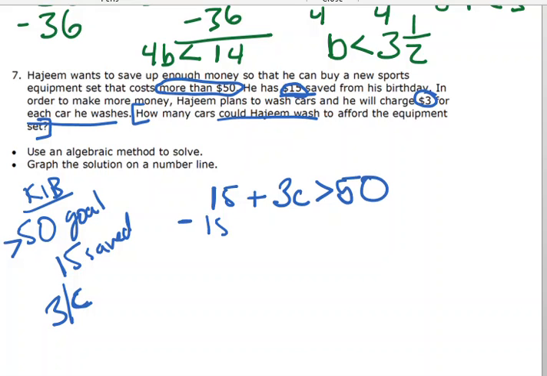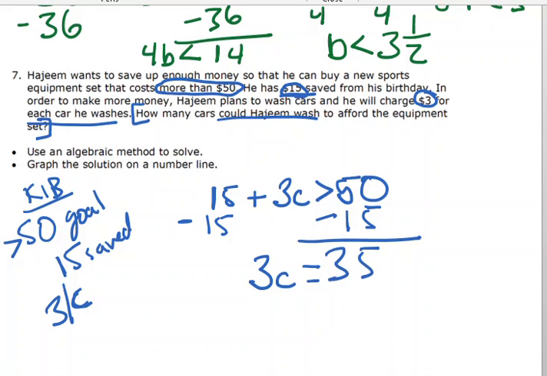So minus 15 here, minus 15 here. So I have 3C is equal to 35. I'll divide both sides by 3, divide both sides by 3.